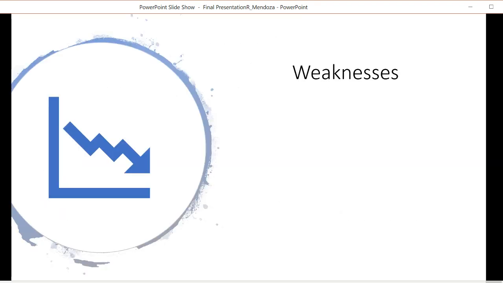Now, weaknesses. There are a couple of different weaknesses that I found in this exact research. The biggest weakness was probably that they had a small sample size. A sample of 20 is, for the most part, a relatively small sample.